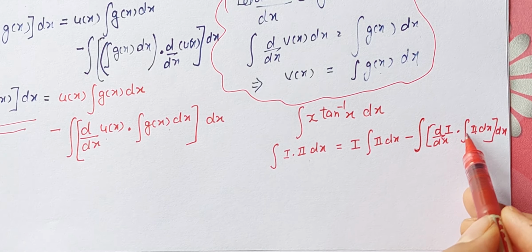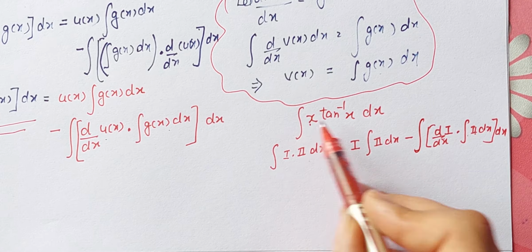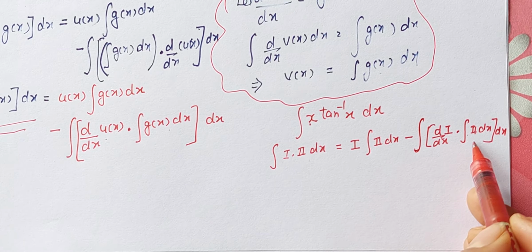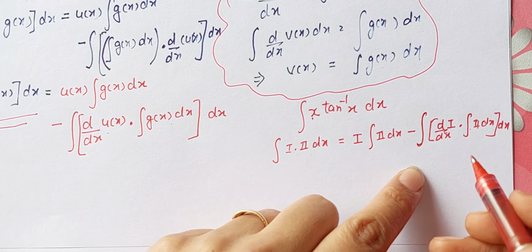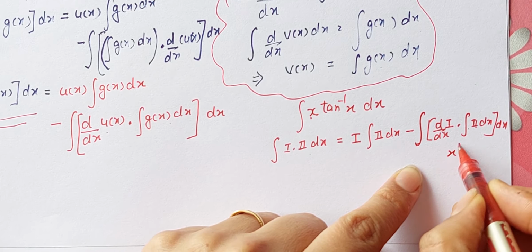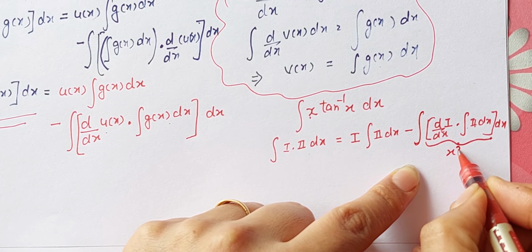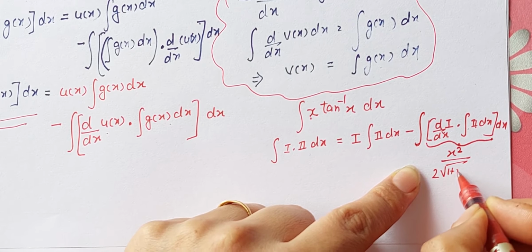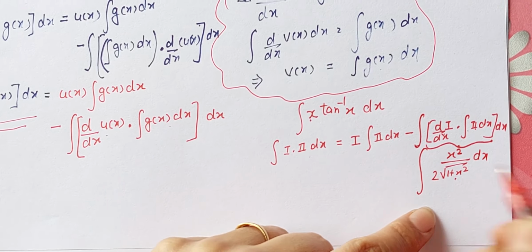And here the integral of x is going to be x square over 2. Okay, so that would ease things, because this bracket will reduce to x square over 2 into 1 plus x square dx, this thing.